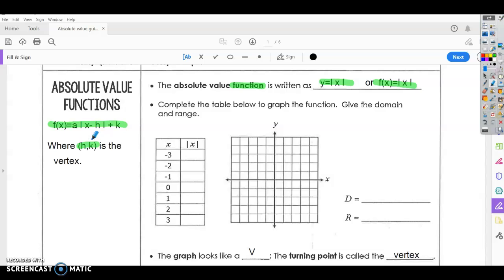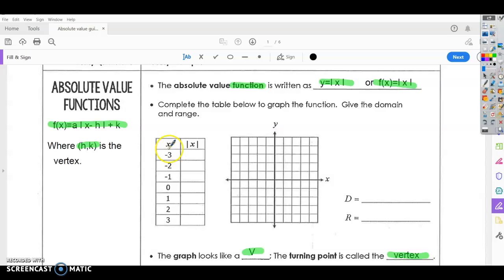All right, now every absolute value function is going to be a V-shaped graph. So you need to know that it's a V-shaped graph, and the turning point is called the vertex. All right, so we're going to look and see what that looks like on your graph here. So complete the table to graph the function, give the domain and the range.